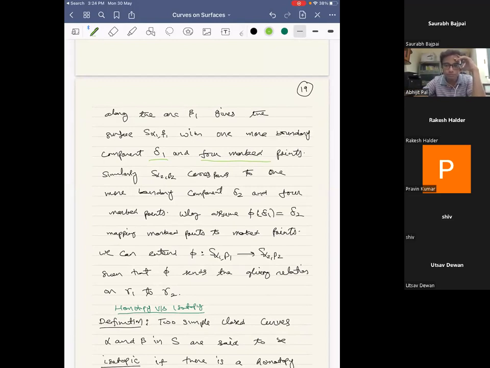You have the information about 4 marked points, made out of arcs. So you can find a homeomorphism which takes delta 1 to delta 2 and maps marked points to marked points. This you can always make sure. It is just one boundary, a circle. A circle you can always map to a circle, and you make sure that marked points are mapped to marked points.